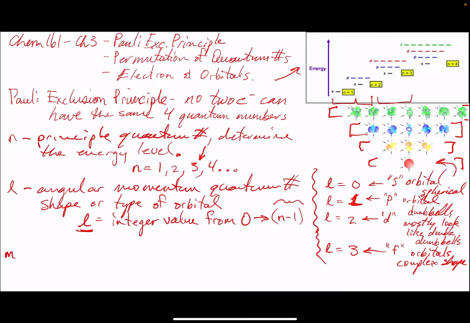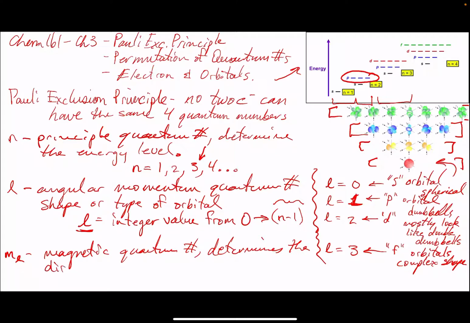The last one that we want to use to help us understand which, within an option, so which of the 3 p orbitals we are talking about, as you recall, is the magnetic quantum number, and this determines the direction of the orbital for an electron in question.